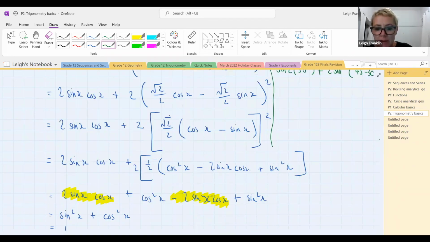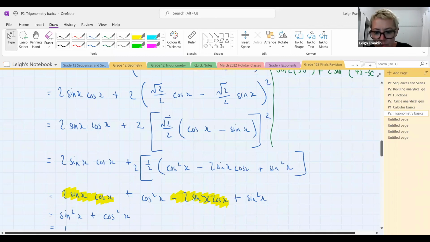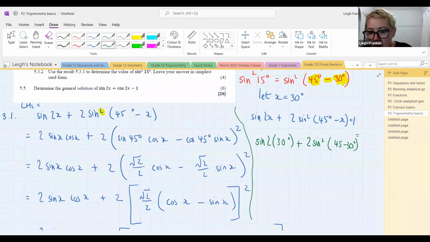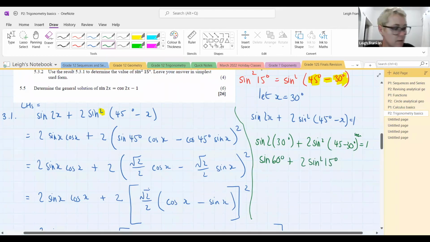Let me see if I can move this over. Now this gives us sine 60 plus 2 sine squared 15 equals 1.